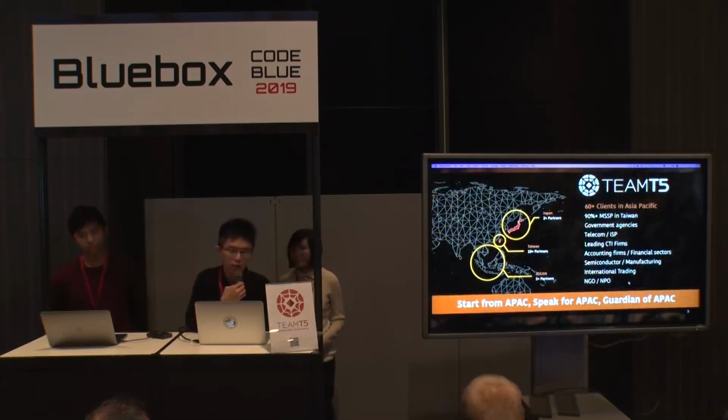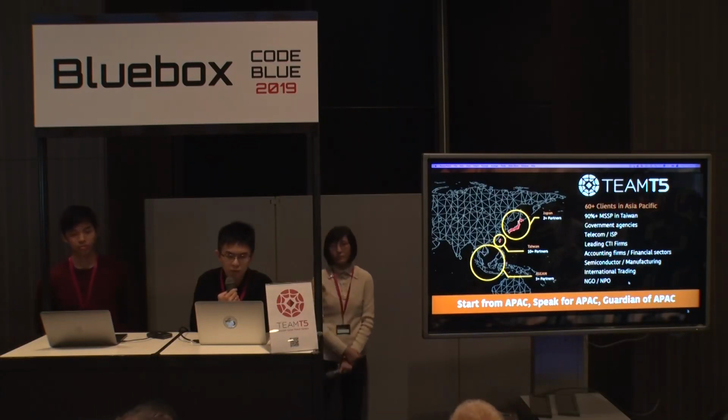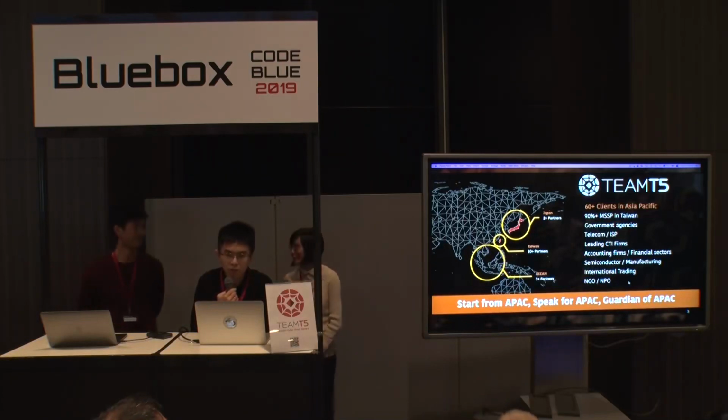And we are from Team T5. Team T5 is a threat intelligence company based in Taiwan. We have more than 60 clients in the Asia Pacific region, including MSSP, government, telecom, threat intelligence firms, accounting, semiconductor, and international trading companies.